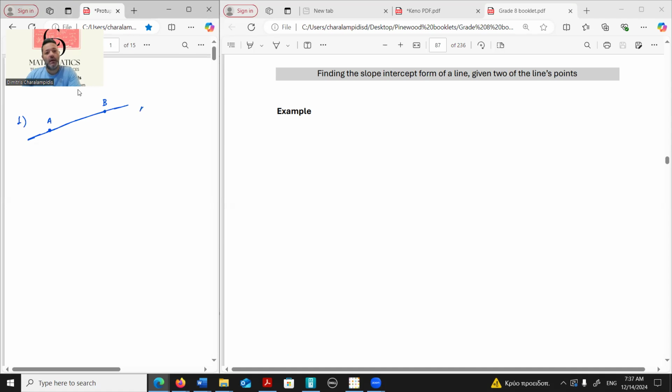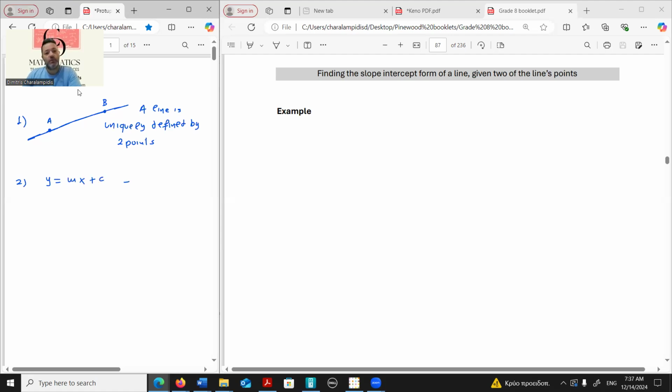So a line is uniquely defined by 2 points.